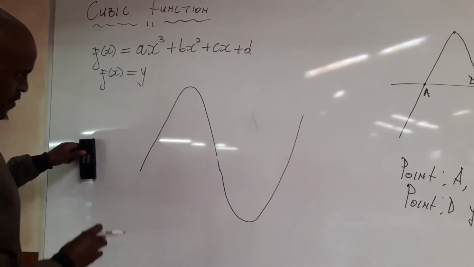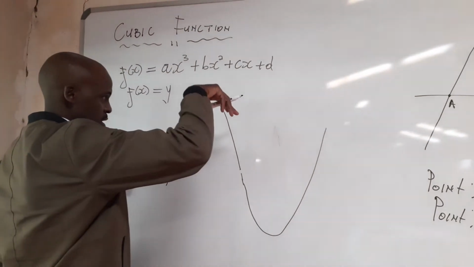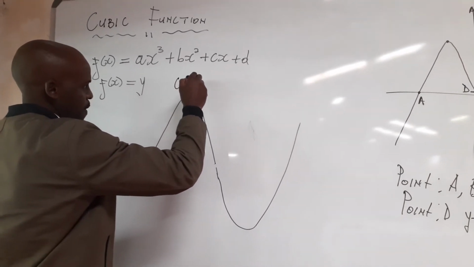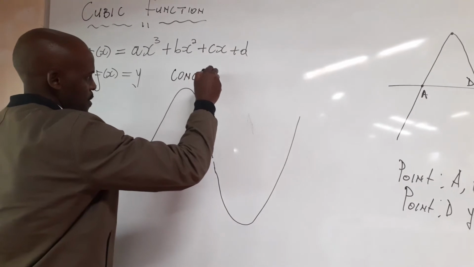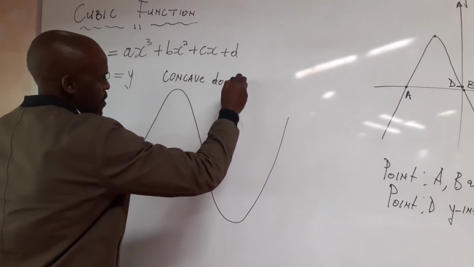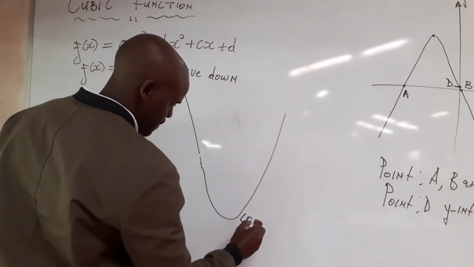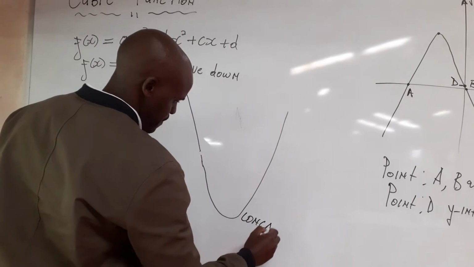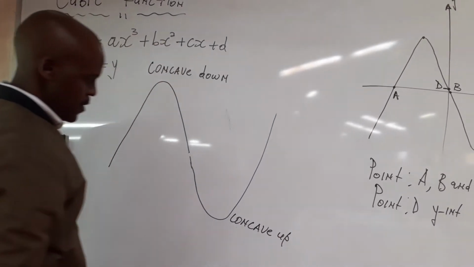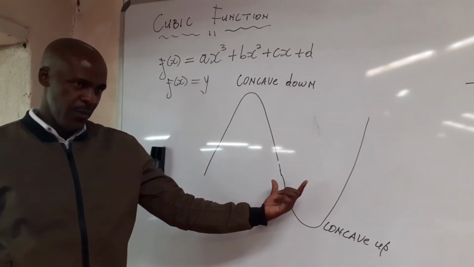This graph here is concave down. Whereas here it's concave up. It's concave down, concave up.